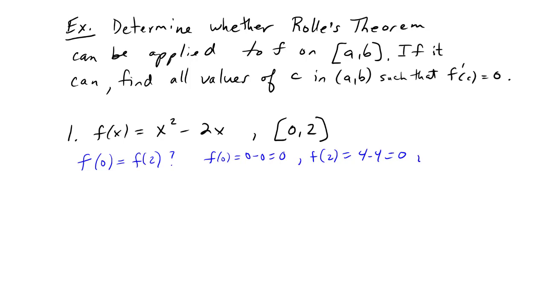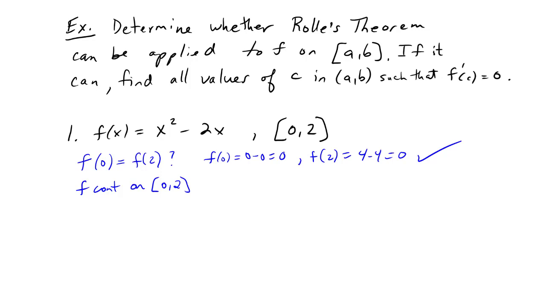So yes. Now they didn't have to equal 0 at both ends, it's just that they had to be the same value. All right, is f continuous on closed [0, 2]? Well, let's take a look at the function.